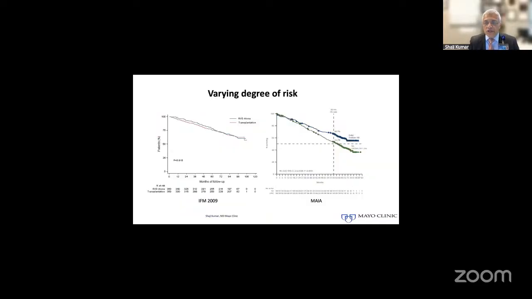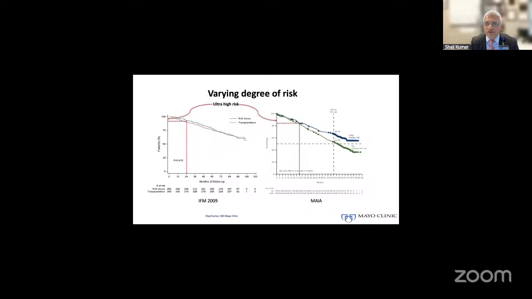When you think about outcomes of myeloma, even though it's one disease, there's significant heterogeneity in the clinical outcome of these patients. Even when we look at more recent data, for example, on the left-hand side the triplet induction transplant from the IFM trial, or the MAIA study on the right-hand side in the transplant-ineligible patient population getting daratumumab lenalidomide, you can see that there's still a proportion of patients who relapse very early, within 2 years of diagnosis, despite these effective therapies.